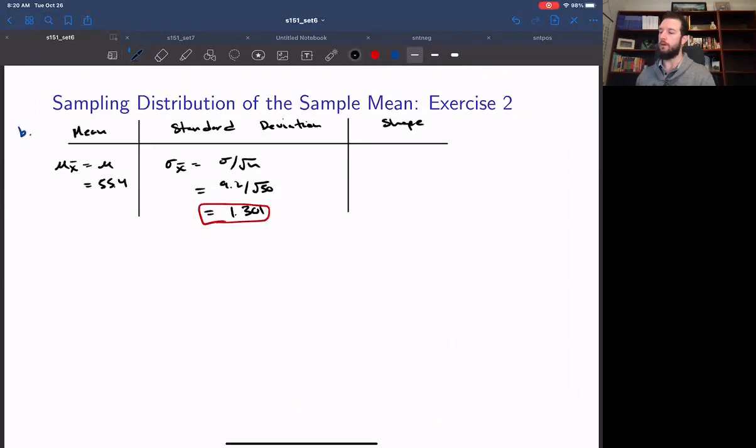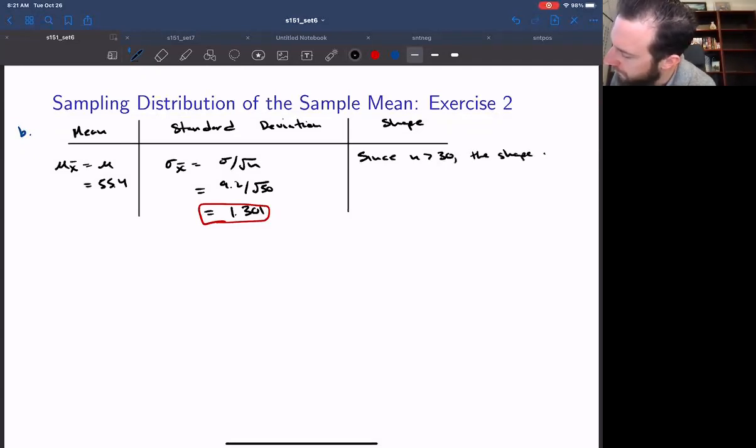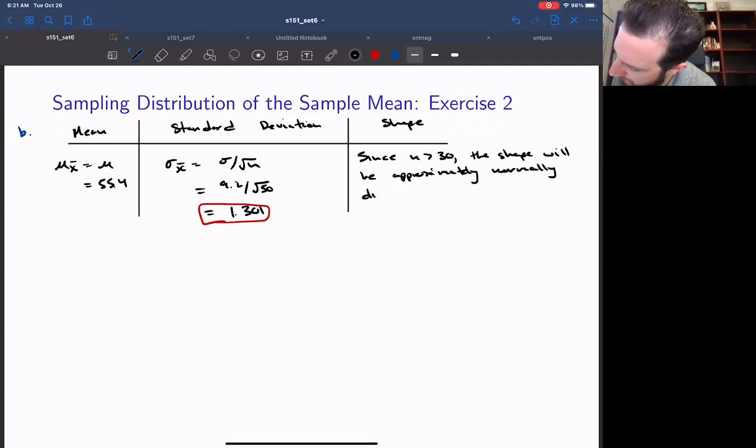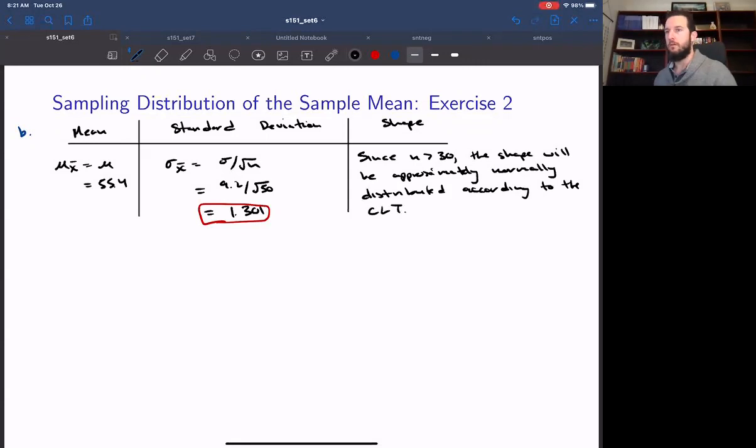Okay, so now for the shape. In this case, we have more than 30 observations. So we can say, since n is greater than 30, the shape will be approximately normally distributed according to the CLT, which is the central limit theorem, right?